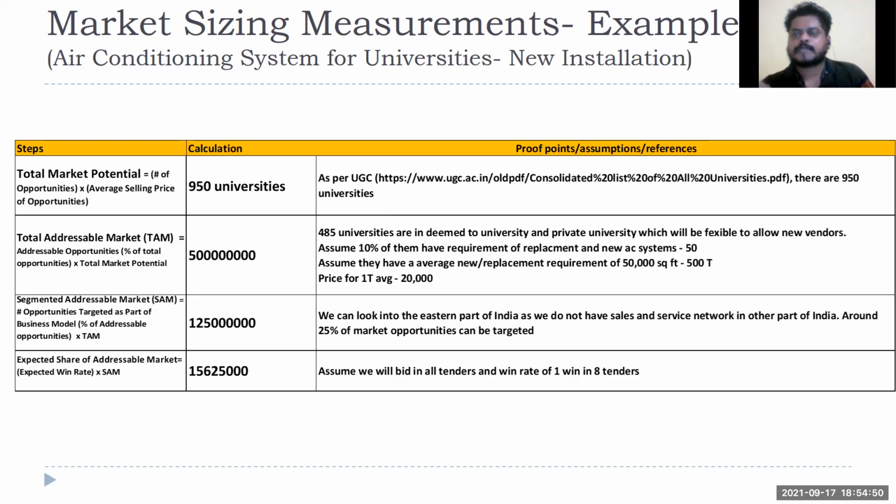So that gives me an actual number of 50. So 50 multiplied by 500 ton into 20,000. The 500 ton and 20,000 remain the same. The only thing that changes is that 950 becomes 50 addressable universities.